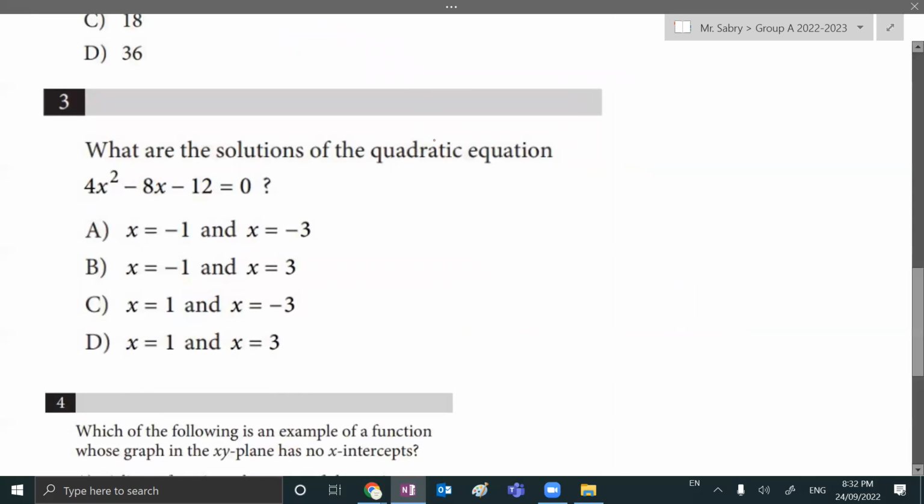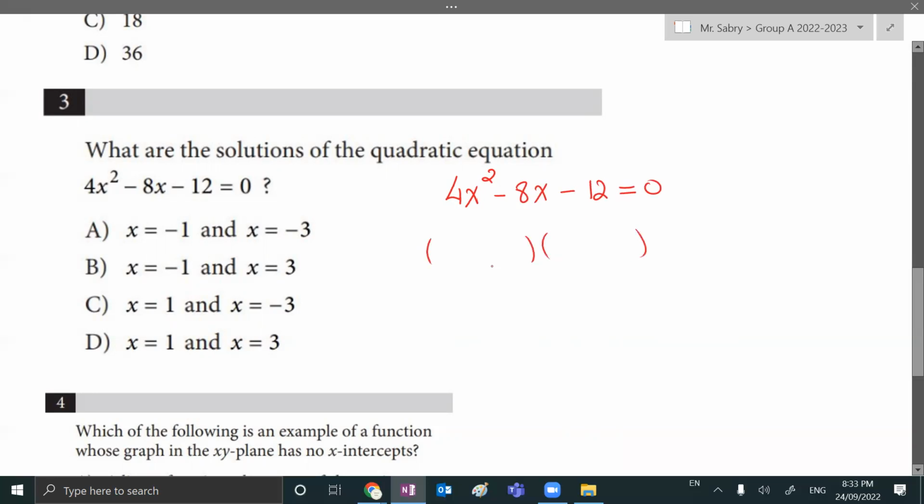What are the solutions of the quadratic equation, without a calculator? Actually, there are two ways to solve this. You can find the x values right away, or if you look at the choices, they all have the same values. The difference is just in the signs. So by looking at the signs, I can decide which is supposed to be negative and which is supposed to be positive.